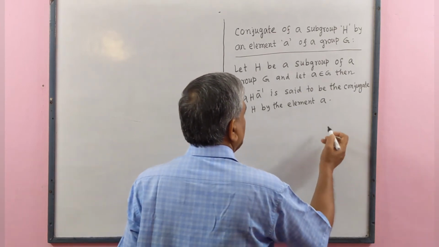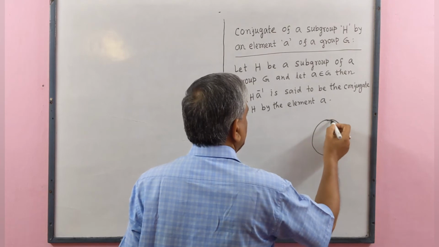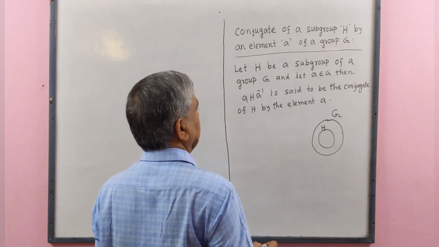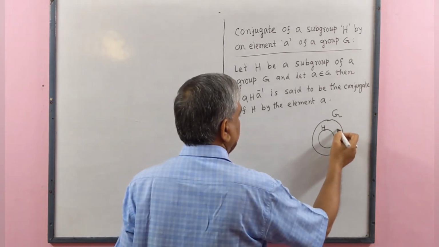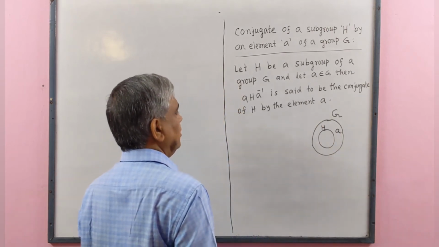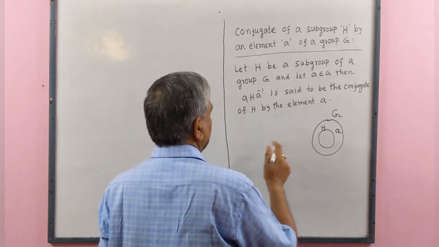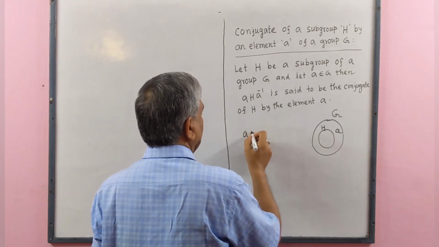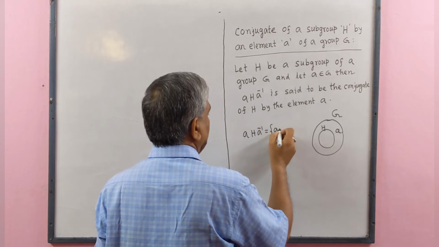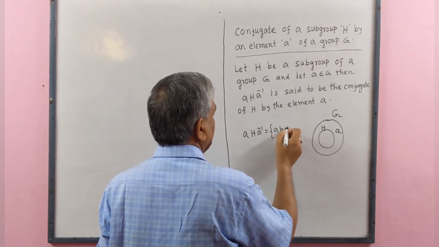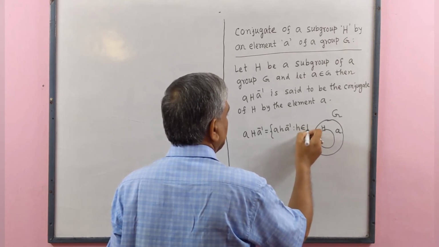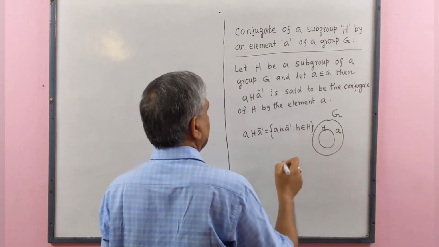Let G be a group and H be a subgroup of G. Let a be an element of G. Then we get aHa⁻¹ = {aha⁻¹ such that h belongs to subgroup H}.